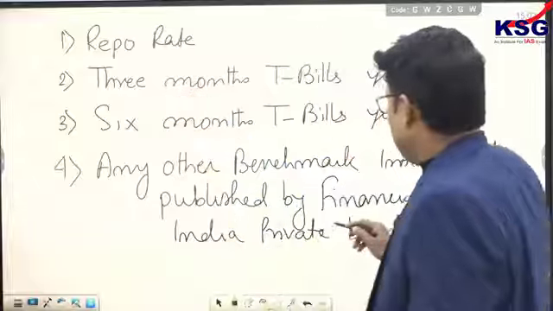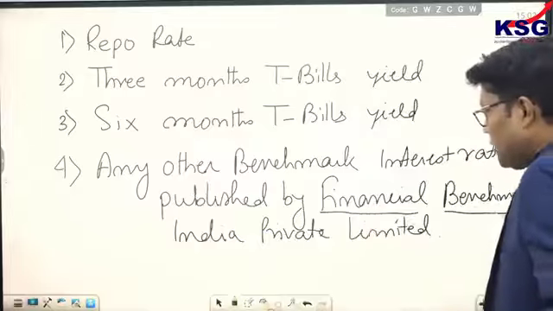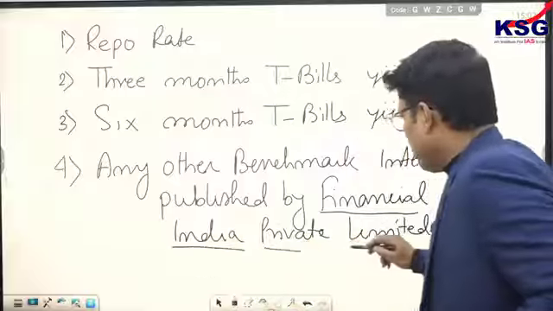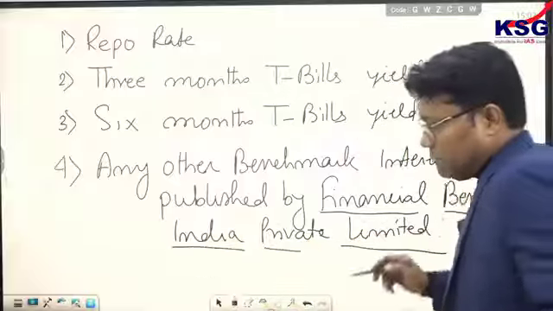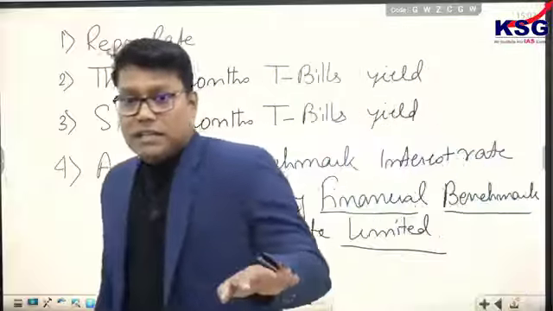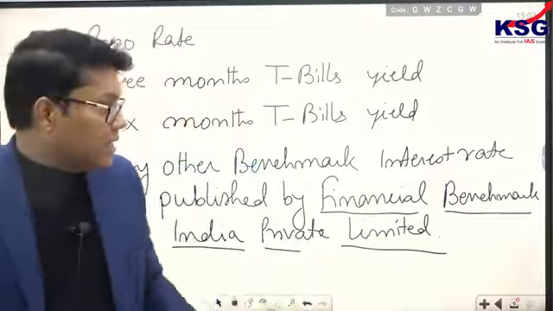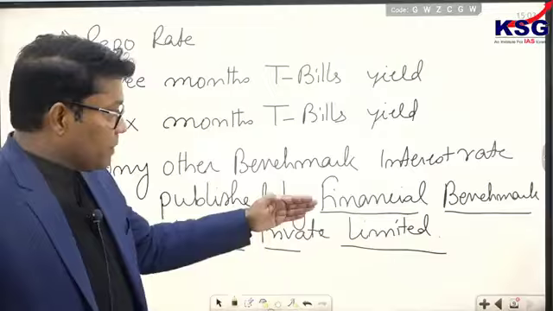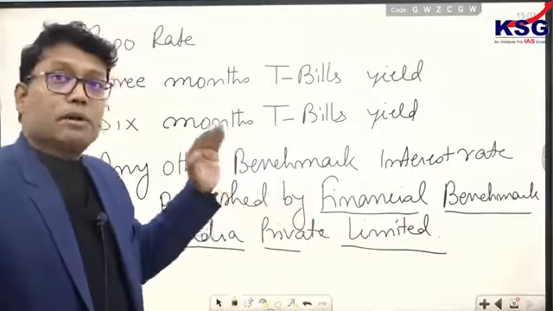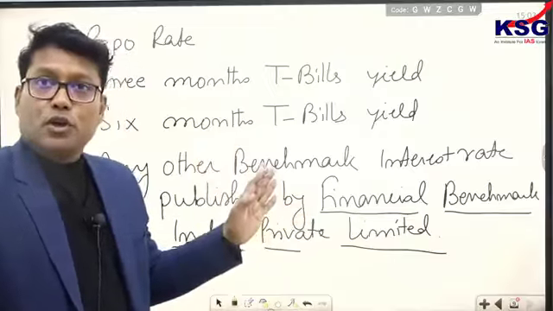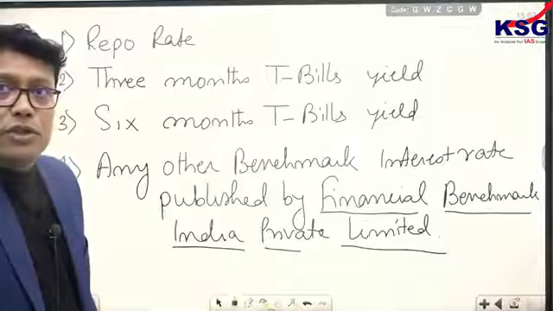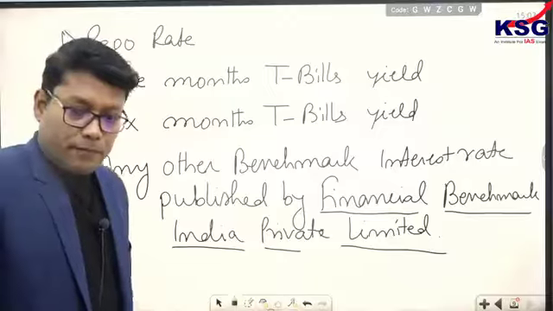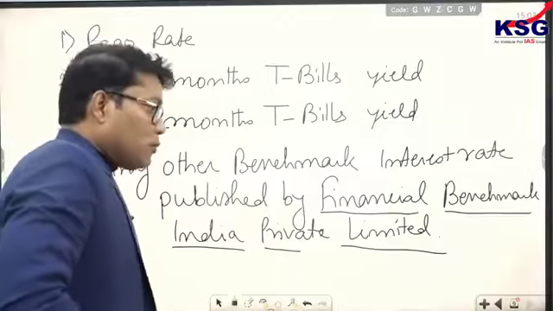Or they are saying that Financial Benchmark India Private Limited, it is a private limited but it is working under the RBI. So if they are publishing any interest rate, you can take it as a reference. Fine. So the 4 options the bank has.